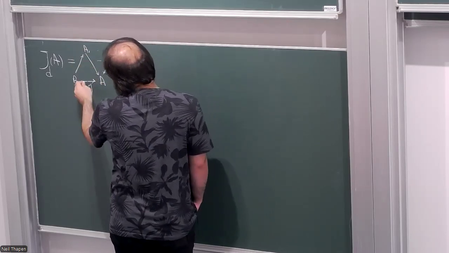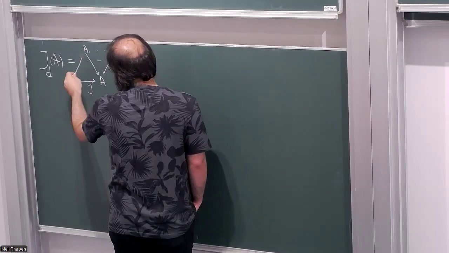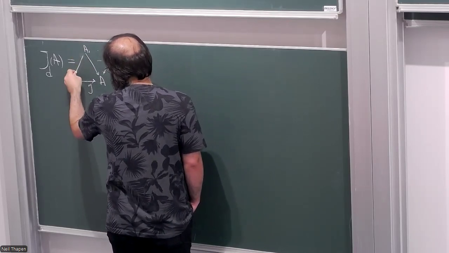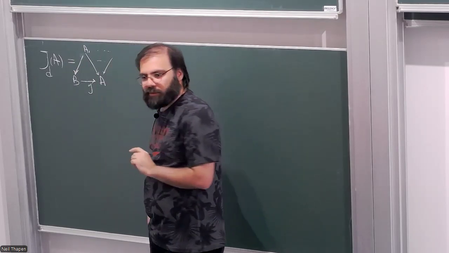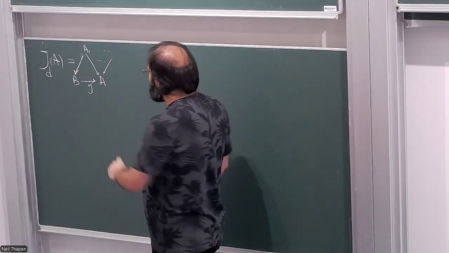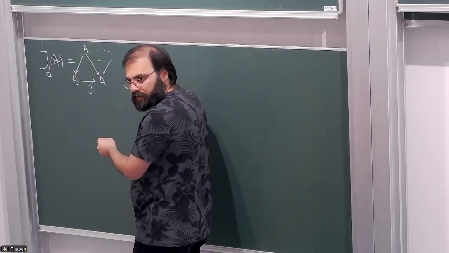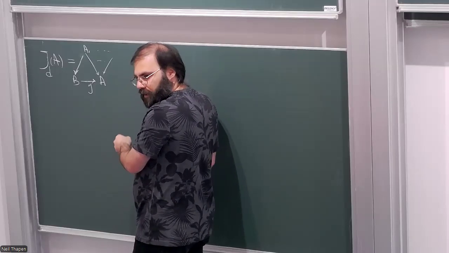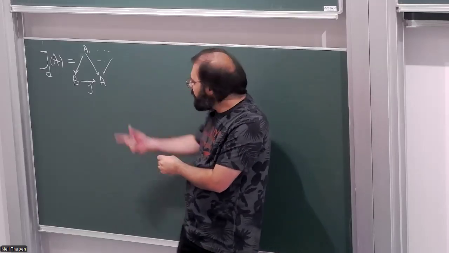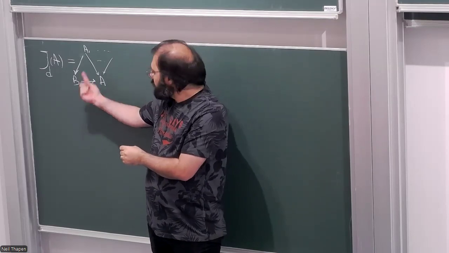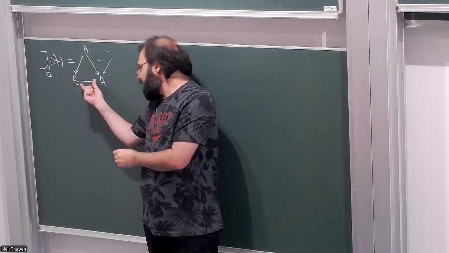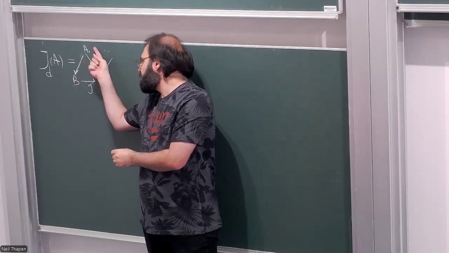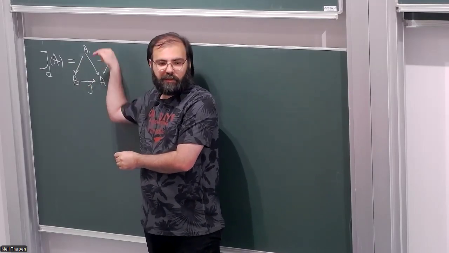So that's wrong. The right way is this. Something is a covering family if for any other map, any map here, some map here factors through that map, right?